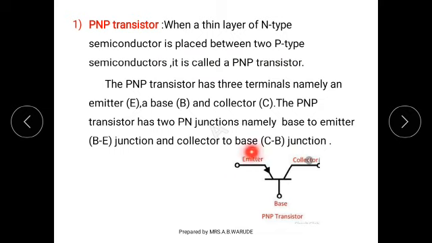If we observe this diagram, it is clear that it has three terminals named emitter, base and collector. For emitter, the symbol used is capital E. For base, the symbol is capital B. And for collector, the symbol is C. The PNP transistor has two PN junctions, namely base to emitter and collector to base, that is the B to E junction and the C to B junction.